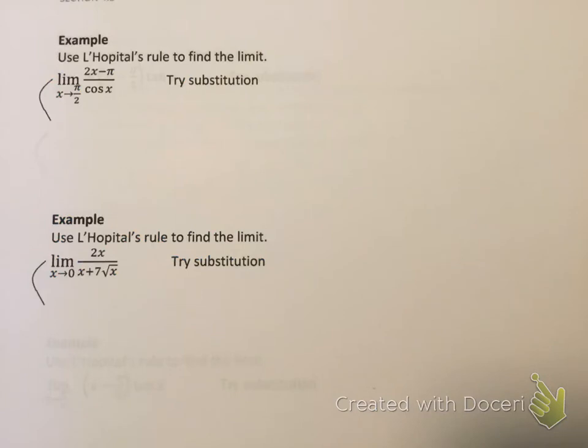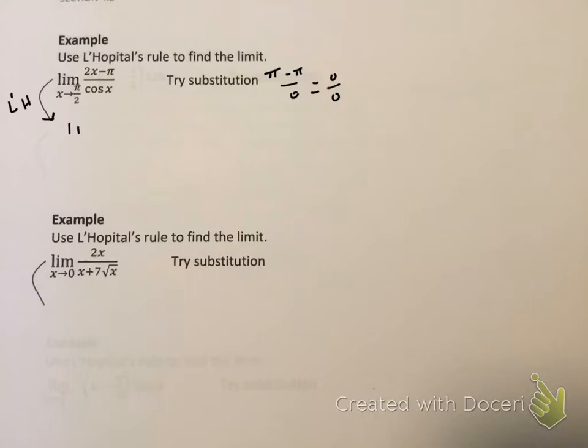I think I'll go back to black here. And so if I look at this one, this is a similar situation: if I try substitution, I'm going to end up with pi minus pi over 0, which is just a 0 over 0. So I can apply L'Hopital's rule to this.